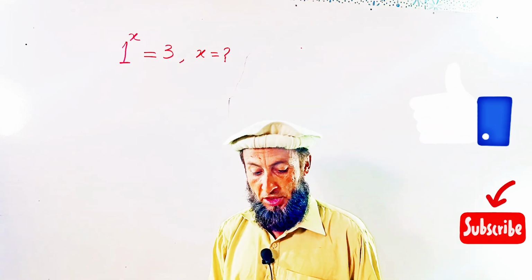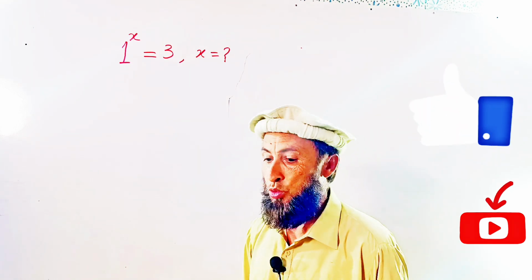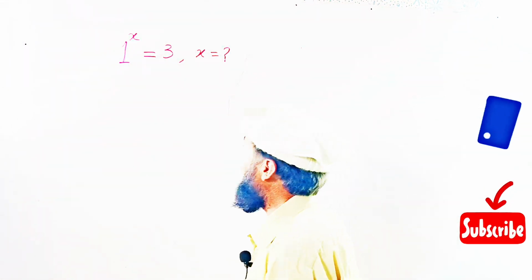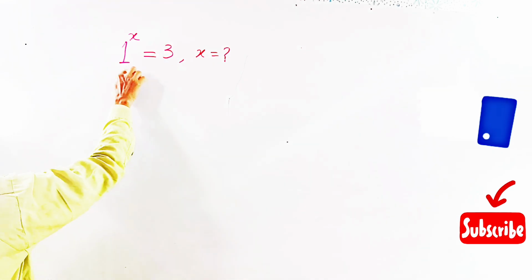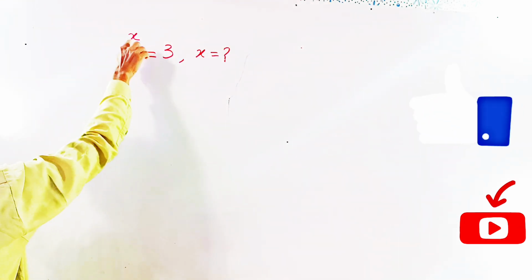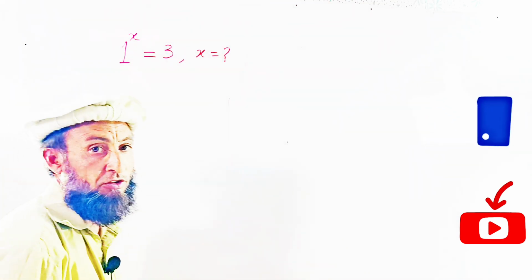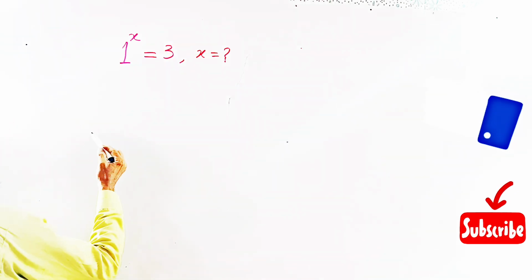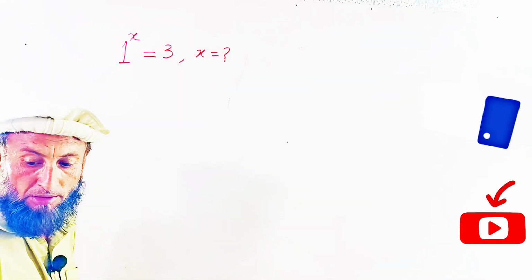Now we proceed further, and we change into the complex form. Let's start this one. Because the base is a constant value and its exponent is x, we can say this is an exponential equation, and in this case we apply the natural logarithm.